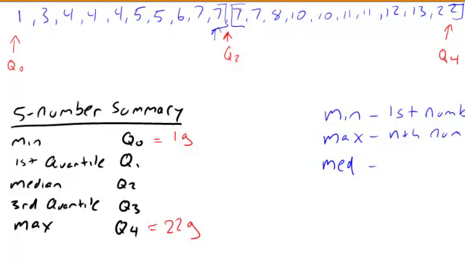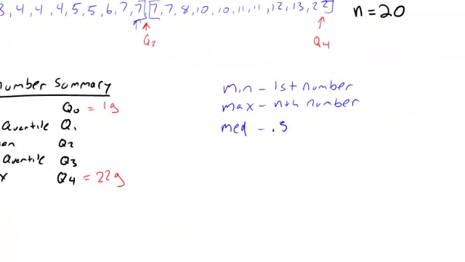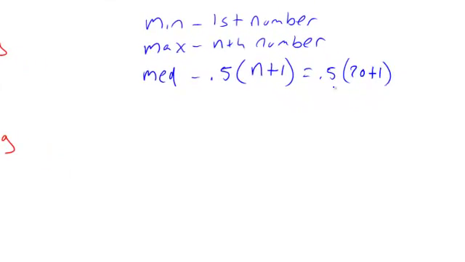So I'm going to show you a little formula that, no matter the data size or the shape of it, we can always use to find it. My median is going to be 0.5 times n plus 1. So let's do that. My n is 20, plus 1 is 21, so 0.5 times 21.